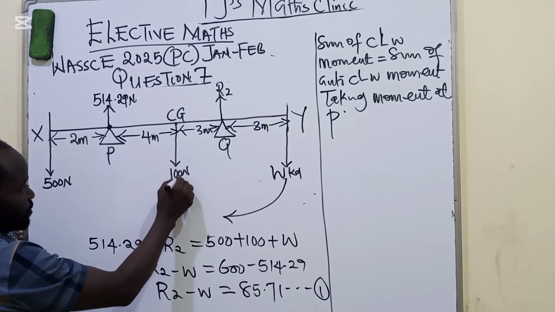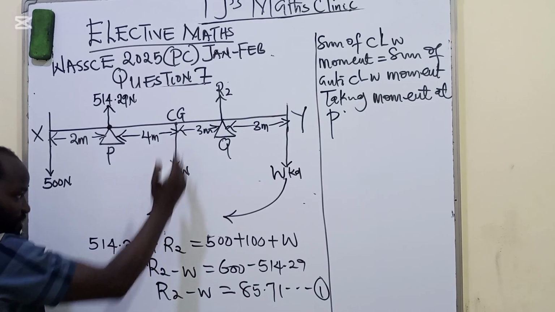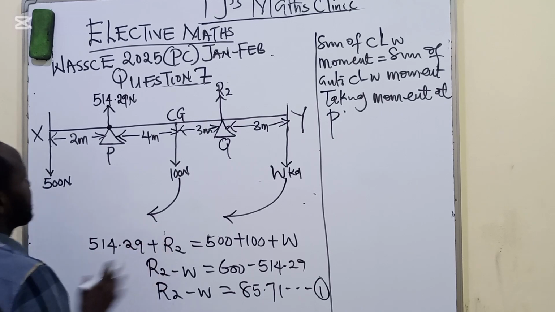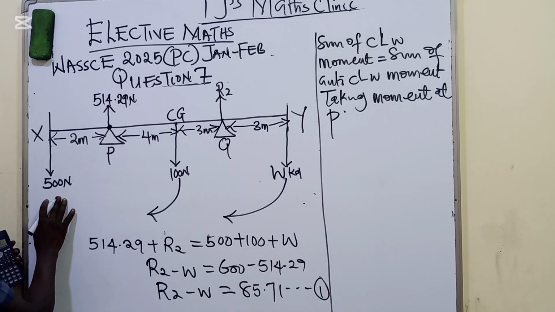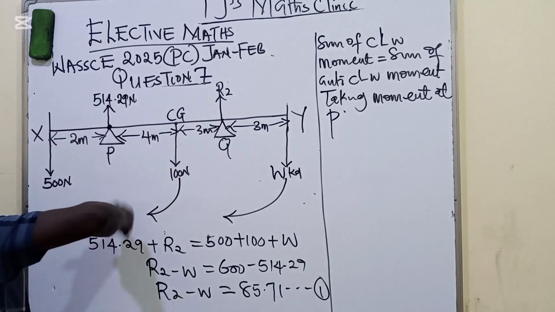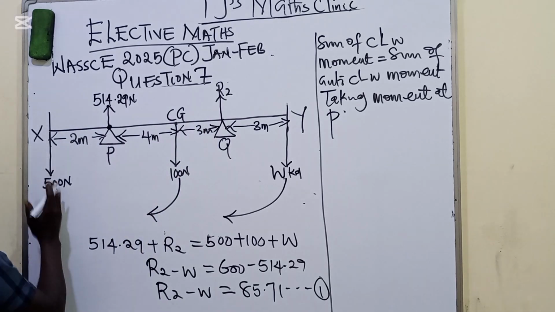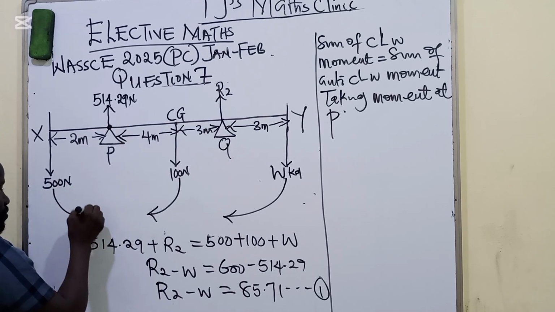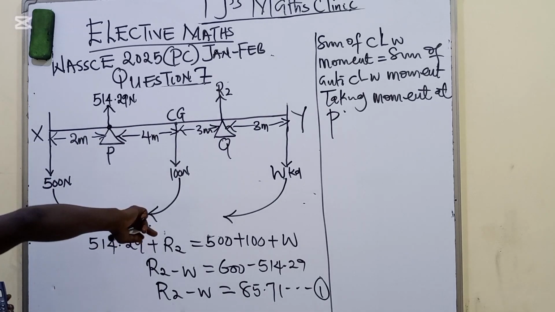This 100 Newton will act in clockwise direction as well. This is the secret to moment. Again, what about this 500 Newton? This is 500 Newton and we are going this way. So the force will tilt this one. We have the force this way multiplied by the perpendicular distance from the point of action. So this 500 Newton will act in anti-clockwise direction.